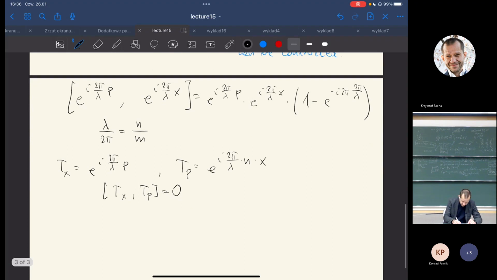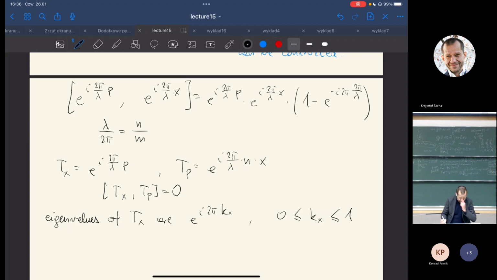For example, the eigenvalues of the Tx operator are e to the i Kx, where Kx effectively is in the range from 0 to 1.